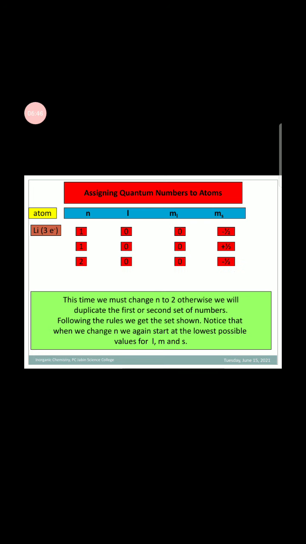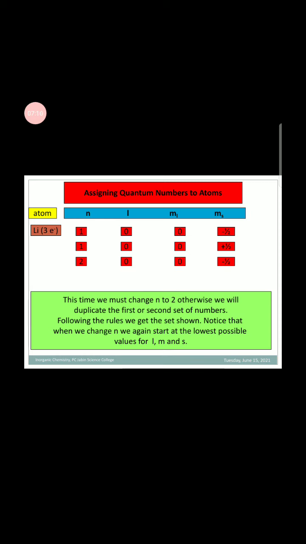The third example is lithium, which has 3 electrons. The value of n is 1, 1, 2, the value of l is 0, 0, 0, the value of ml is 0, 0, 0, and the value of ms is plus half, minus half, minus half.